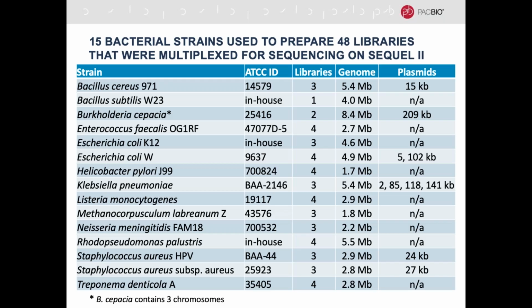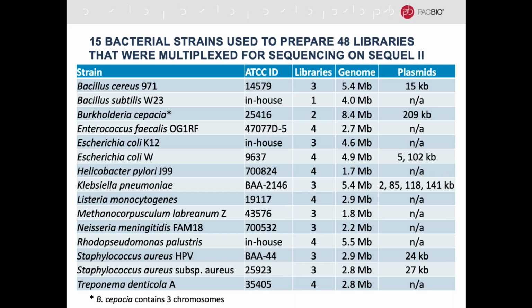So to prove that, and to show you that we didn't just make that up out of nowhere, we demonstrated this by taking 15 bacterial strains, preparing 48 libraries. You can see that a number of the strains were done in triplicate. And then we multiplexed these 48 libraries from these 15 strains and sequenced them on the Sequel II.